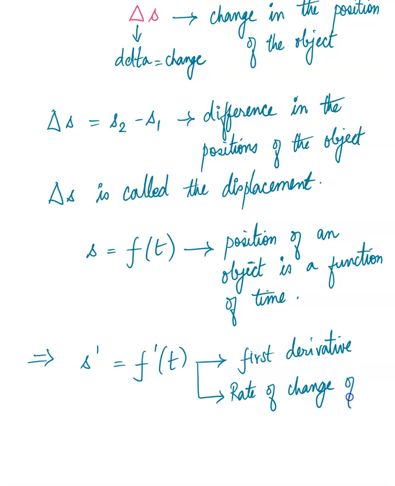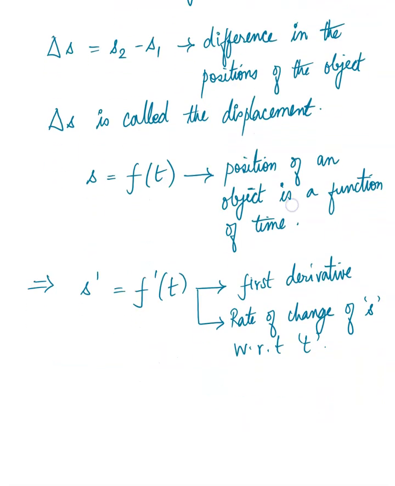So rate of change of s with respect to time t, because we now know that s stands for the position of the object. Rate of change of s. In other words, how fast is the position changing? How fast is the object moving with respect to time?